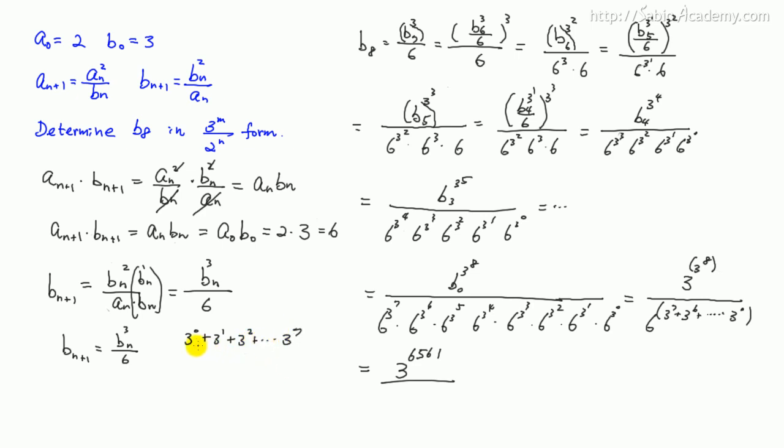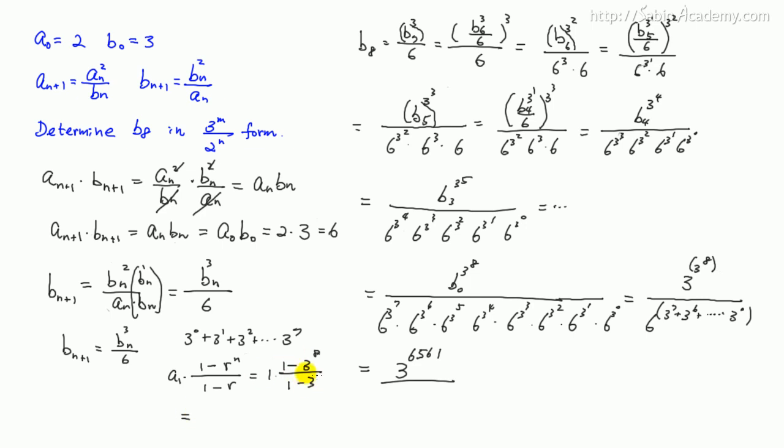Okay, this is a geometric series. How do you add it? It is the first term times 1 minus r to the n over 1 minus r. First term is 1. And 1 minus r to the nth power is 3 to the 8th over 1 minus the ratio, which is 3. So that's what you get.